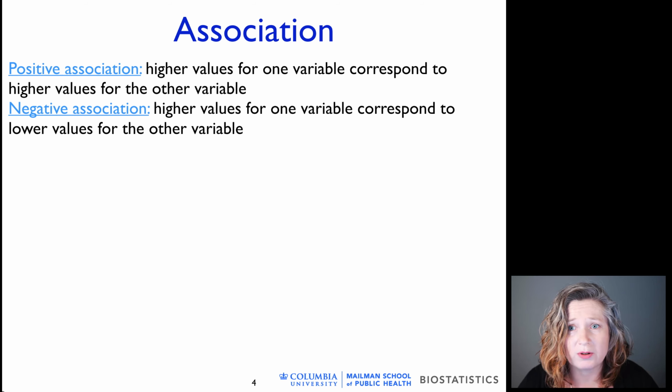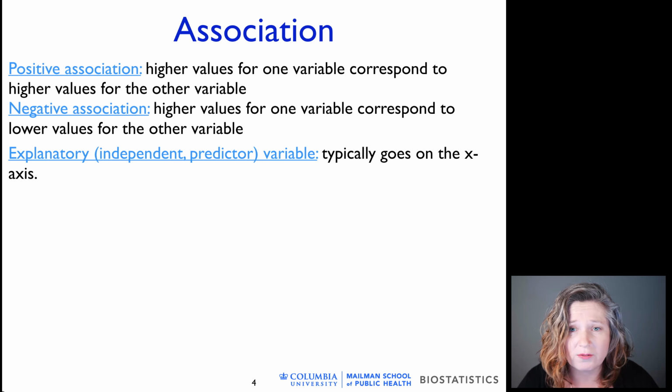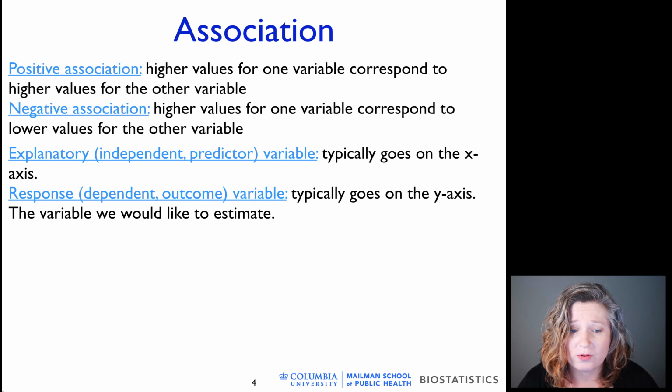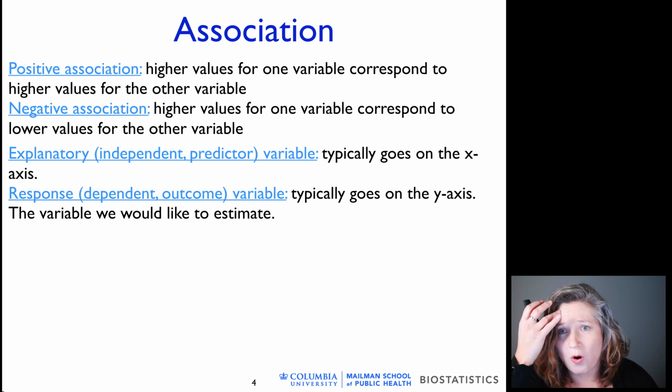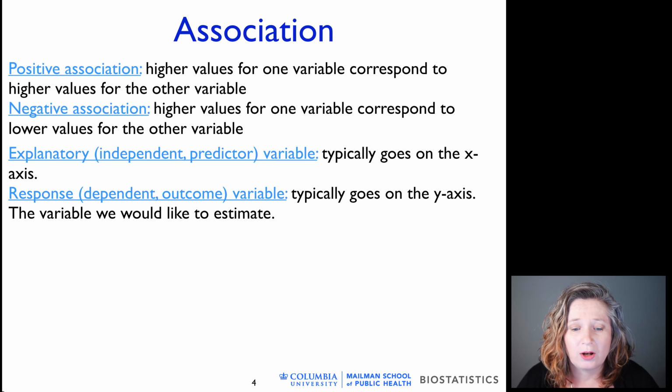Because two variables play a role in associations and correlations, we have names for them too. We distinguish between so-called explanatory variables, which are sometimes called independent or predictor variables, and those are usually plotted on the x-axis, and response variables, sometimes called dependent or outcome variables. Those typically go on the y-axis.